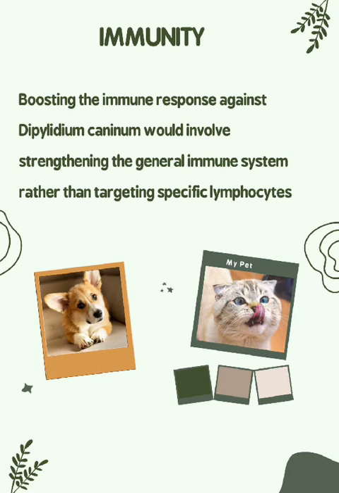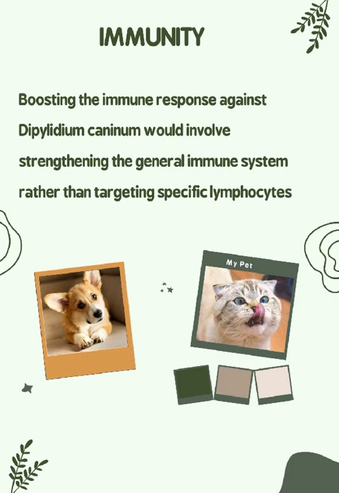general immune system rather than targeting specific lymphocytes. Why? Because boosting the general immune system would be more effective against Dipylidium caninum, because it's a parasite, not a virus or bacterium that specific lymphocytes typically target.